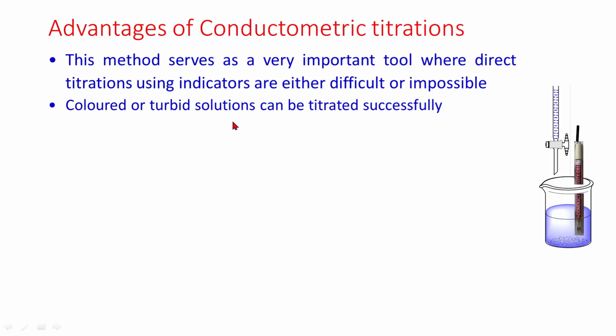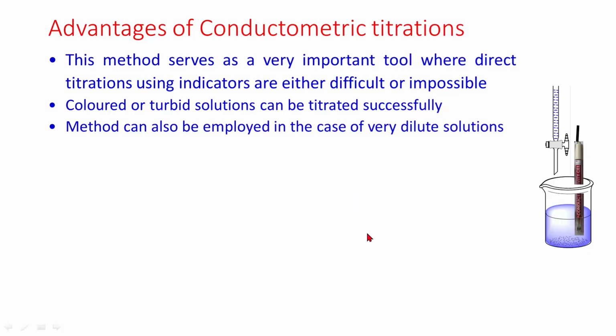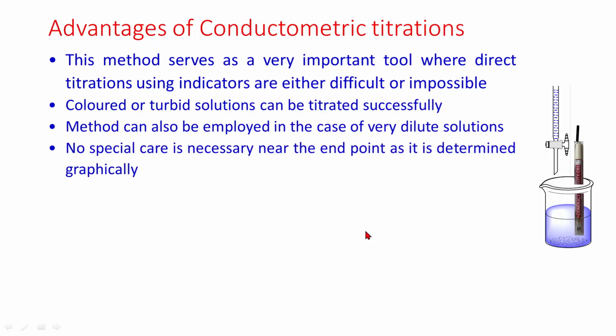Colored or turbid solutions where we cannot use indicators can be titrated successfully. This method can also be employed in case of very dilute solutions, as it involves the measurement of conductance. No special care is necessary near the end point, as it is determined graphically.